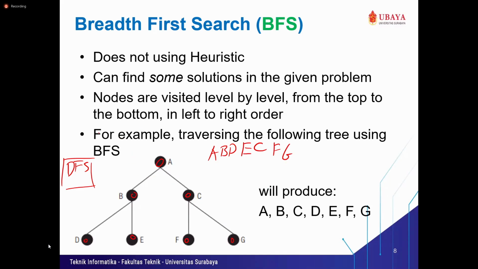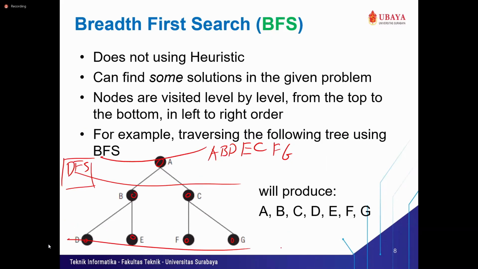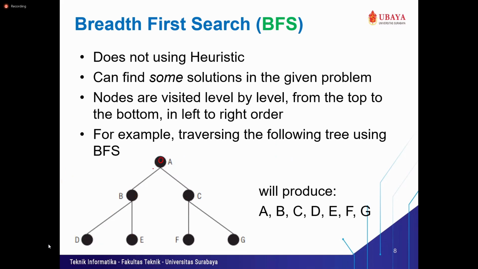But for BFS, it always tracks everything level by level. So it goes like this, like this, like this. First, you start from A, right? Then you get B and C. You check B. From B, you get D and E, but put them on the right side.